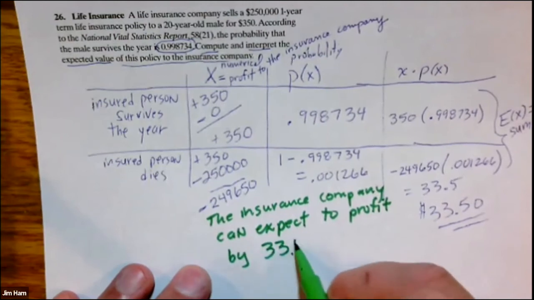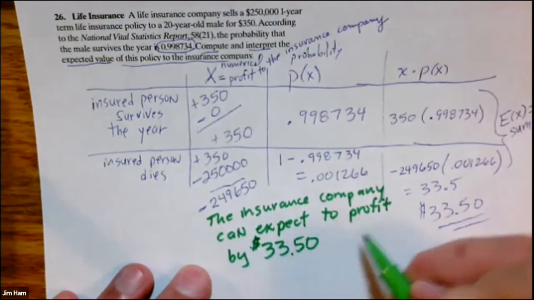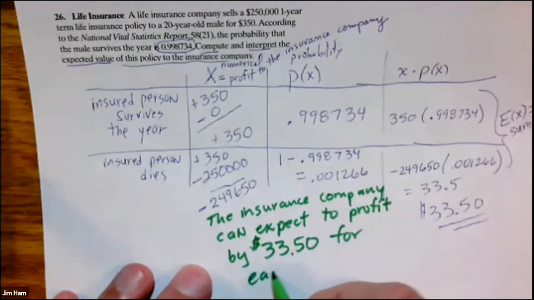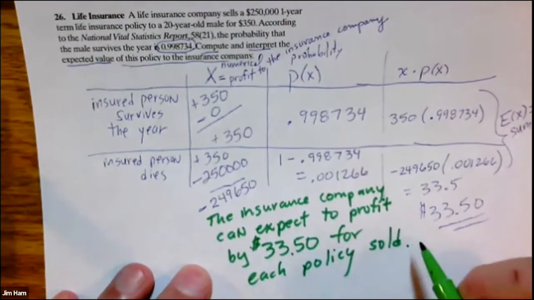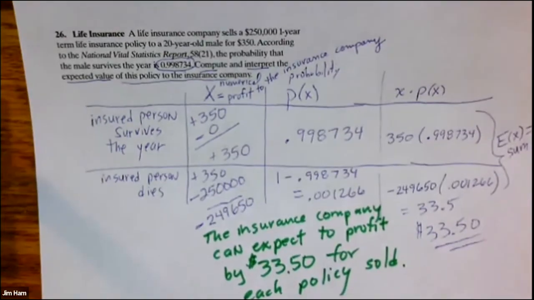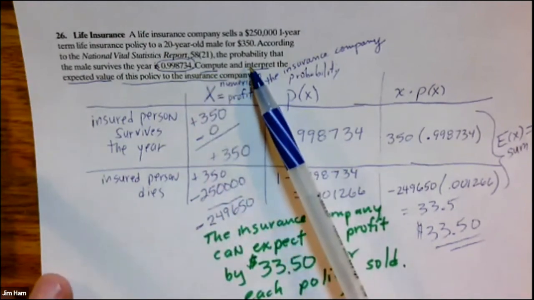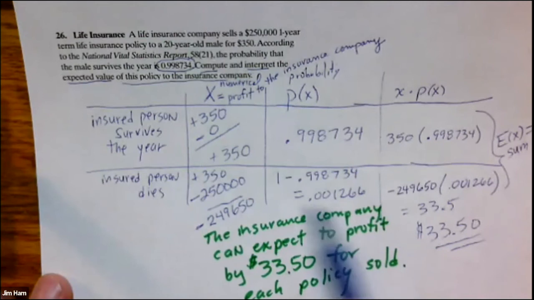And expect to profit by $33.50 for each policy sold. And that would be the interpretation that they ask for. Compute and interpret. So here's the interpretation.